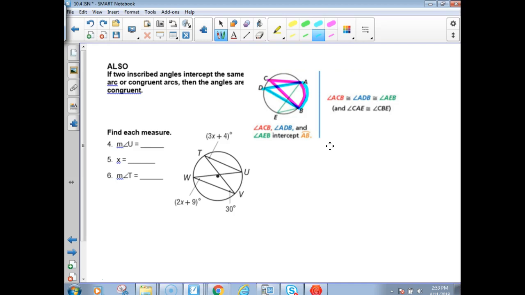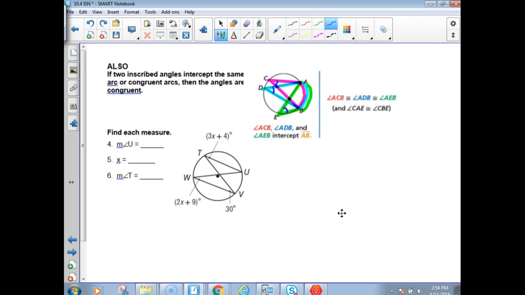With me? Then you have angle AEB. Notice it begins in A and ends in B. It intercepts the same arc as well, which means all of those angles are the same size because they intercept the same arc. So all those angles are equal.